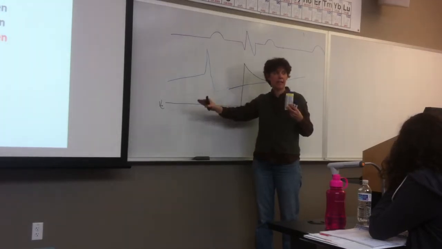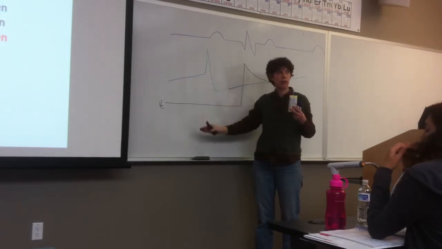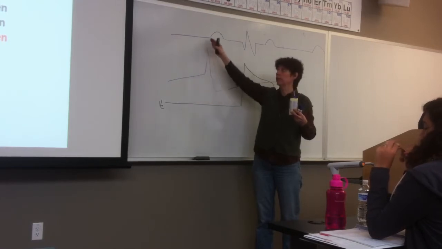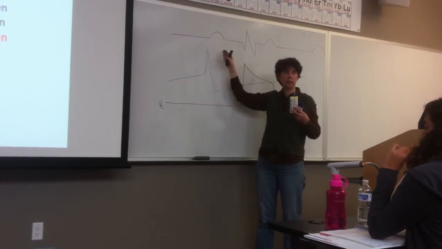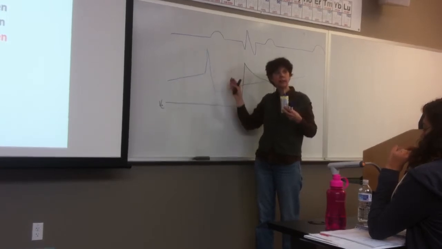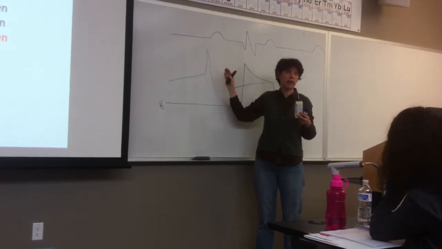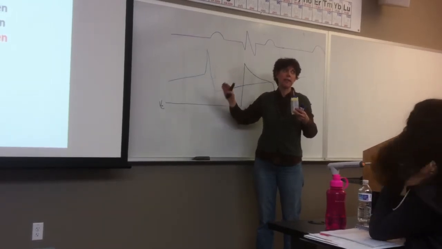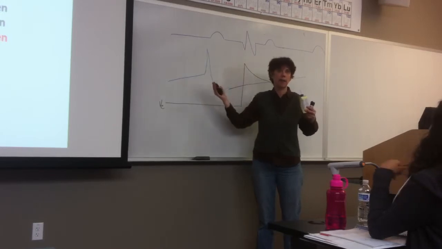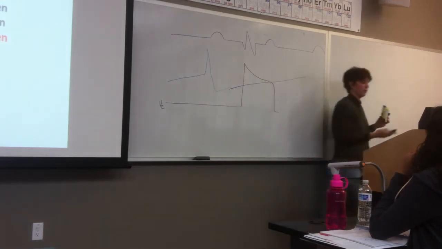If we don't have an SA node, then the AV node will fire, but at a slower rate. But in a normal heart, the SA node fires first, and then goes through the atria as a conducting current through each of the contractile cells. And when that wave of contractile cell current passes through the atria, that's what causes the AV node to fire. So it's still trying to depolarize. It doesn't know it's going to get washed over by a big tsunami of current from the atrial cells. Okay, so there are plenty of channels that are still open.